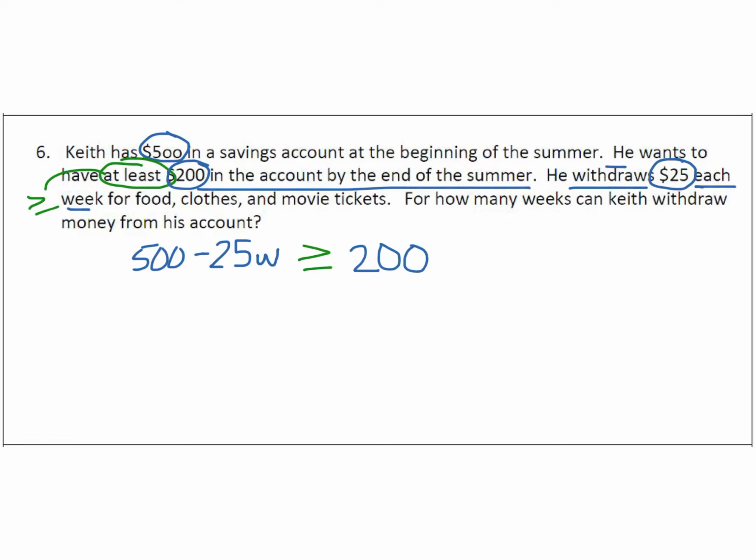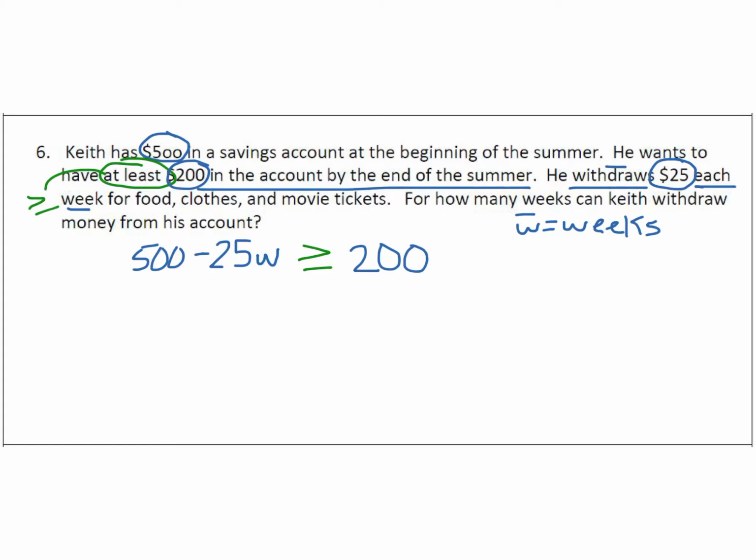So I'm going to put W for weeks, okay? And the question is for how many weeks, which again is why I use the W. W equals weeks. Can Keith withdraw money from his account? All right. So let's start to solve this together.